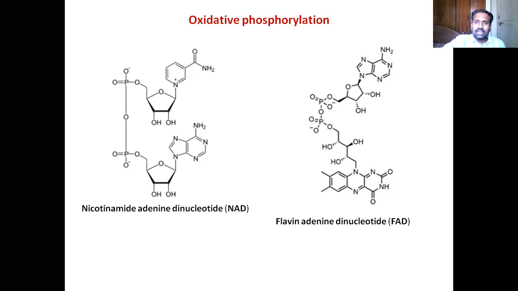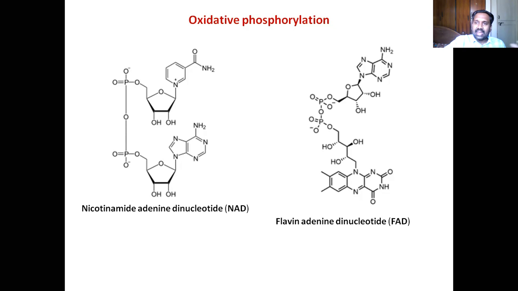But what is so important about these coenzymes that we are discussing them with respect to ATP synthesis? There are a lot of coenzymes in our body. In fact, many vitamins we take are nothing but coenzymes.